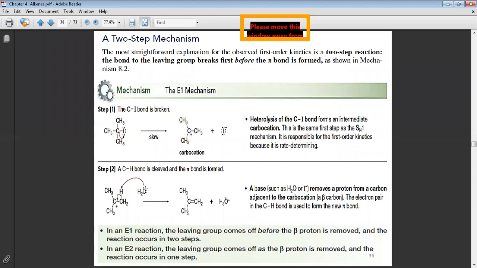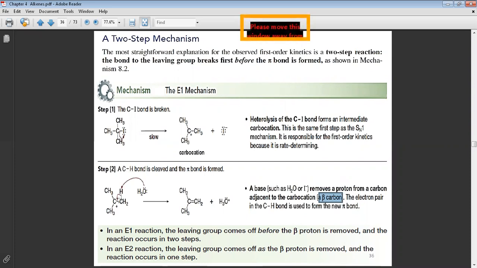That means this base removes the proton from the beta carbon. Look, from the beta carbon, and the electron pair makes a new bond here to give you the product.